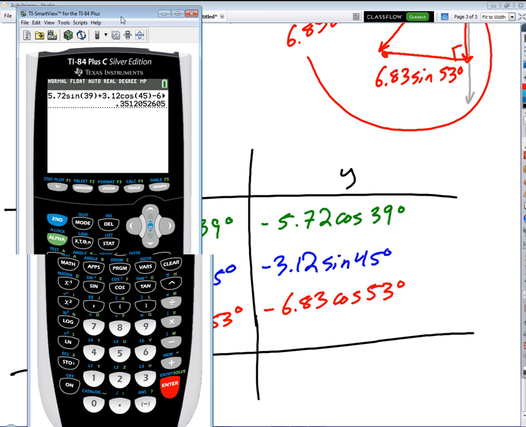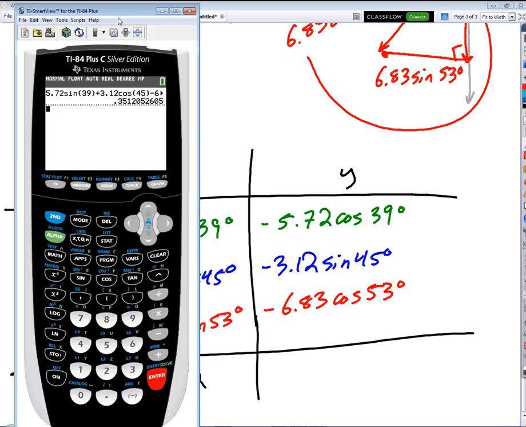Let's calculate the y component. So I'm just going to go up and grab this guy, and maybe we'll have to make a few little changes. So first thing we have to do is make this one negative. So I'm going to insert a negative sign. Anything else need to change on that first one? Yeah, we got to switch the sine to cosine, right? So we'll go over and change that to cosine.